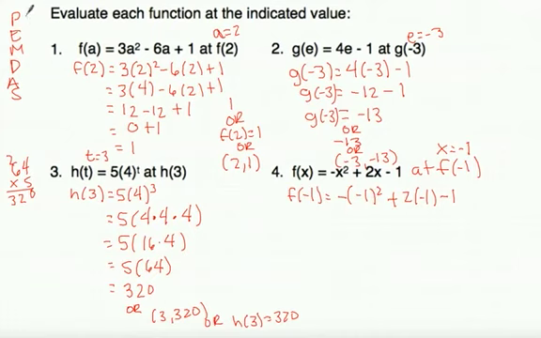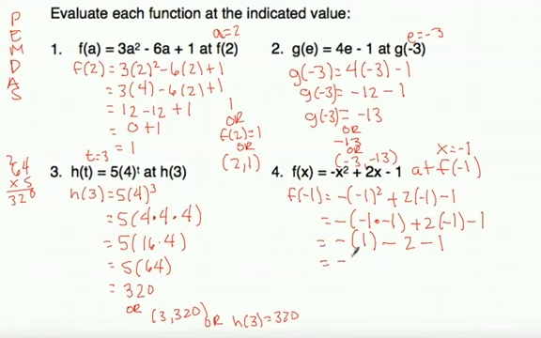So I would start with parentheses. In the parentheses, I can't really do anything, so I move on to exponents. So I've got negative 1 squared, which is just going to be negative 1 times negative 1, plus 2 times negative 1, minus 1. So then I have negative 1 times negative 1, which is positive 1. Then I've got 2 times negative 1, which makes negative 2, minus 1.